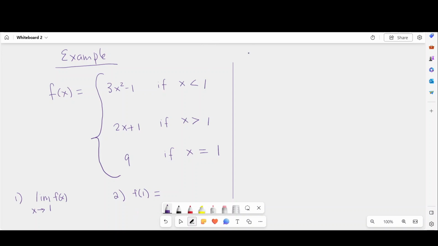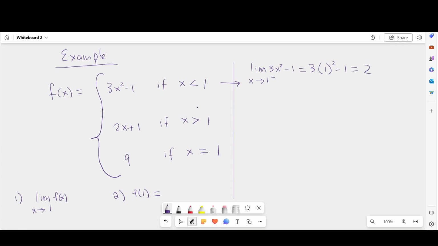In order to calculate the limit of a function at a point, we need to investigate the left-hand side limit and the right-hand side limit of the point. In our example, since f of x equals 3x squared minus 1 is applicable only for values of x less than 1, we use this function to calculate the left-hand side limit of 1.